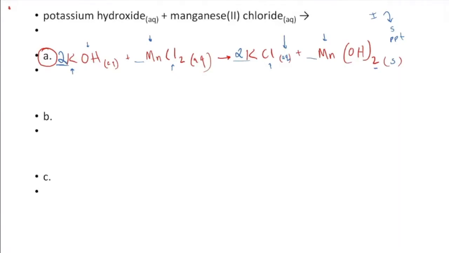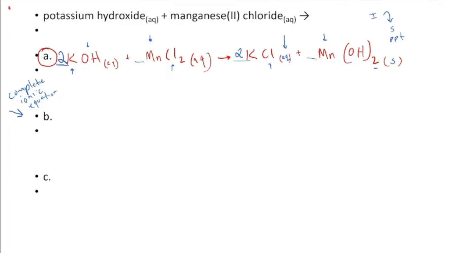Okay, then next thing we're going to do is B, which is our complete ionic equation. All right, so complete ionic equation. What you do for that is every time it's aqueous, you basically split it apart into its ions, and you have to keep track of how many ions it has.